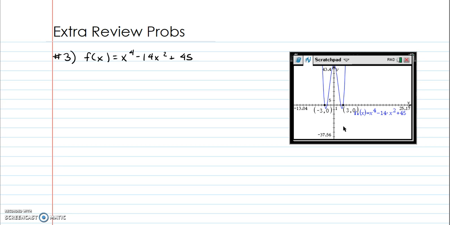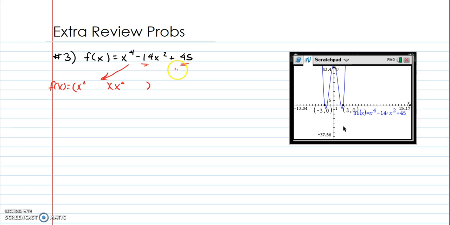But for now, I want to go ahead and factor this like I would a quadratic. So if I do that and I have x to the 4th, x squared, and a constant, I can simplify this into x squared and x squared. And then I'm looking for what multiplies to 45 and adds to negative 14.